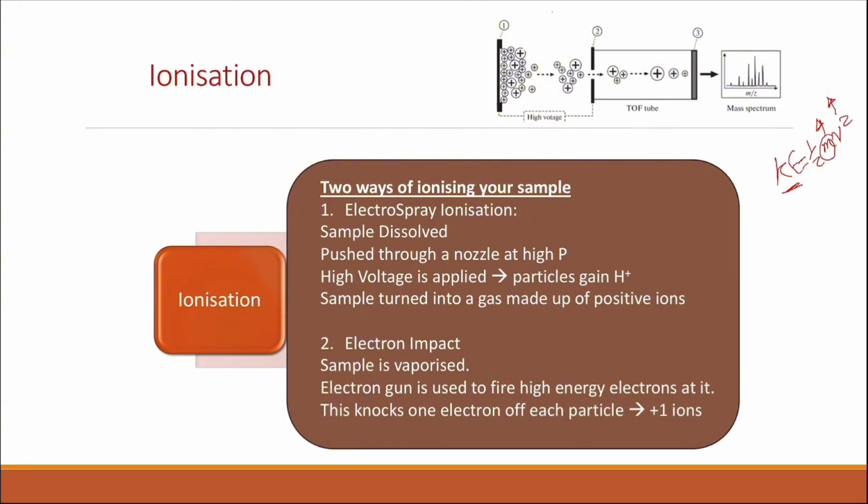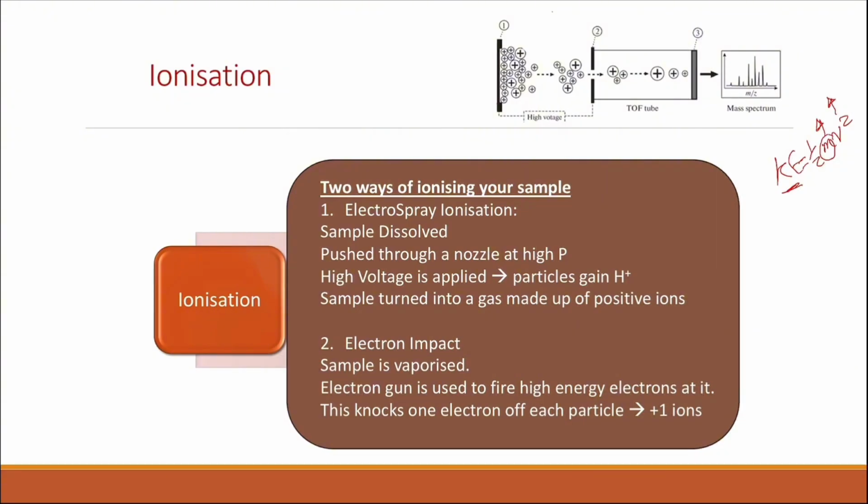So let's talk about the two different types of ionization based on what you need for the exam: electrospray ionization and electron impact. In electrospray ionization, you dissolve your sample and push it through a nozzle at high pressure, and then you apply a high voltage. It's very important to refer to the application of the high voltage.